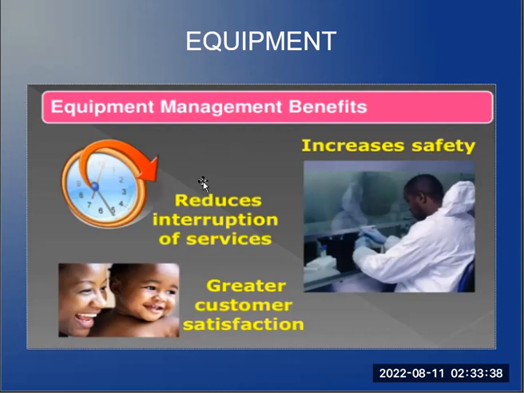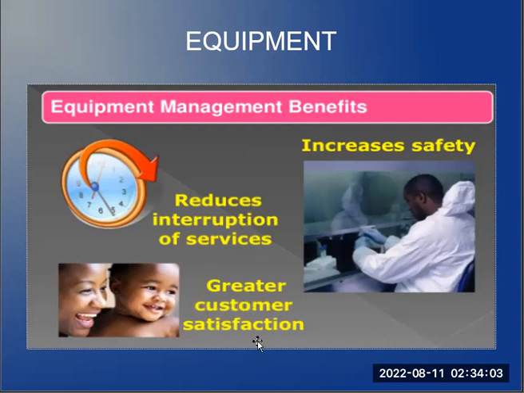You will also know a test is stat because it has a colored indicator, and in the machine you can select a stat option to prioritize that sample.